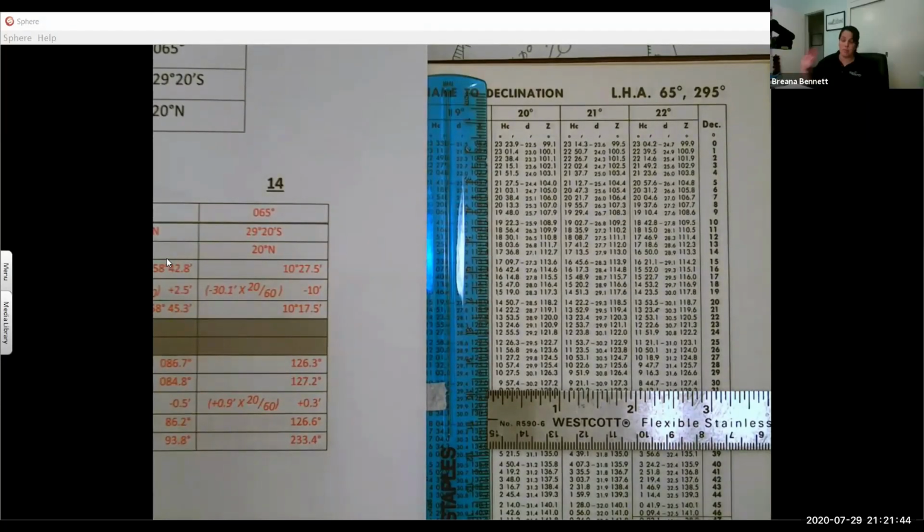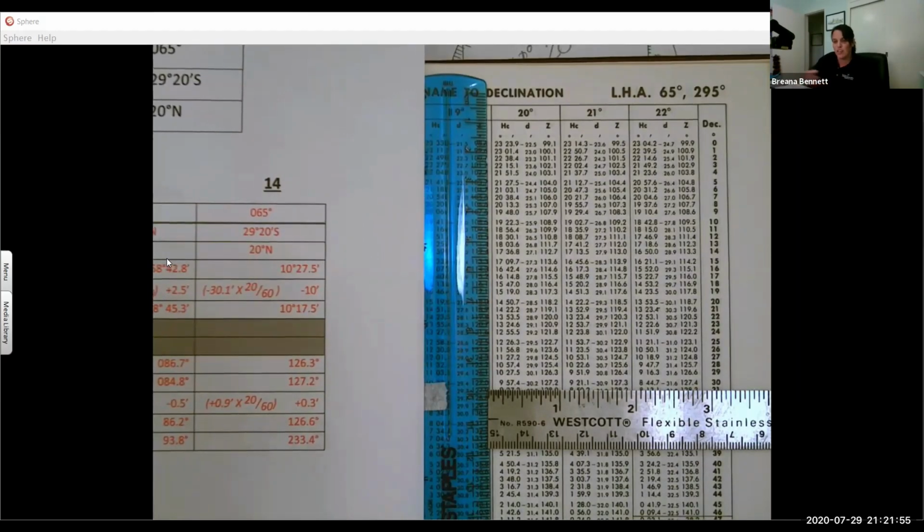If it's completely not, maybe you're on the wrong LHA. Time to go back and look at some more, just so you don't have to redo the whole thing from the start. So I would have been off by 20 degrees, so that would have been the big indicator there. Yes, got it, okay. Makes sense.